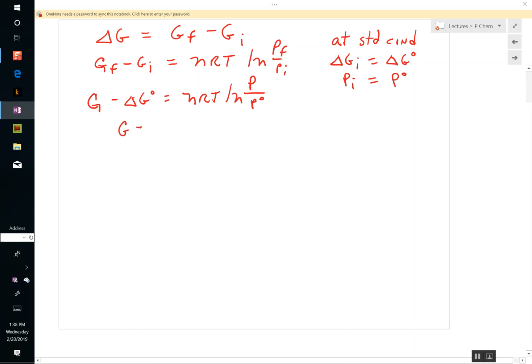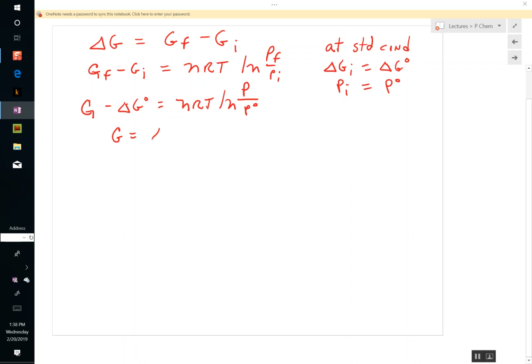Or Gibbs free energy is delta G naught plus nRT ln P over P naught. Not doing a whole lot there.